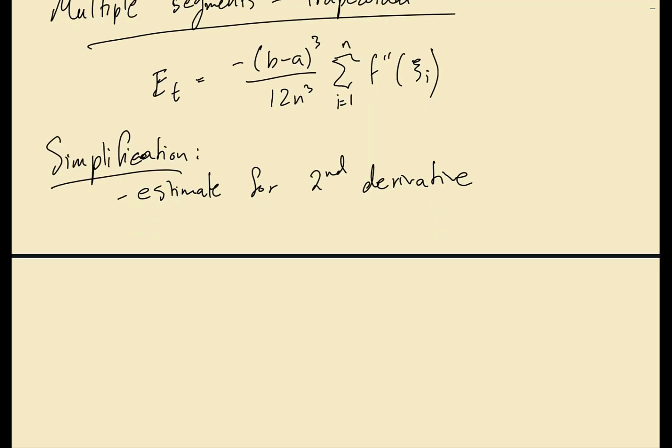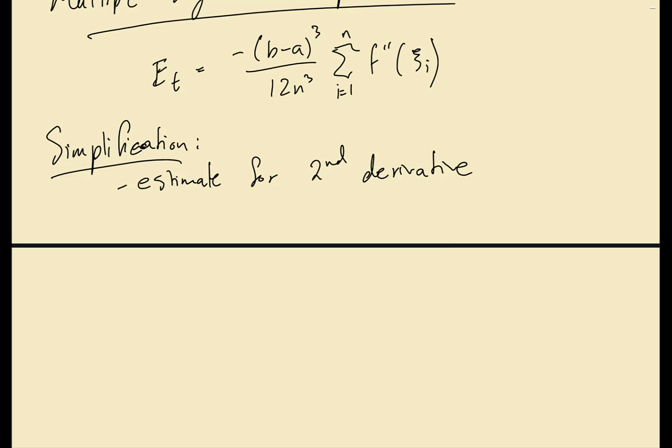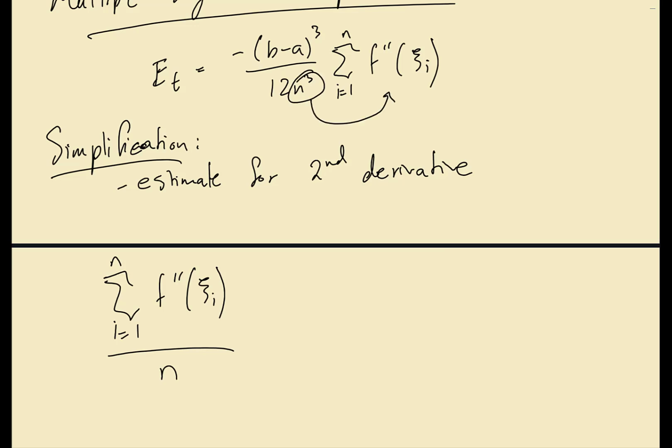Sorry for the handwriting, but sometimes the pen just writes like that. So the summation from i equals 1 to n of f''(ξi) divided by n. We took one of those n's and moved it to here. So we're trying to find, for that summation divided by n, the average second derivative.